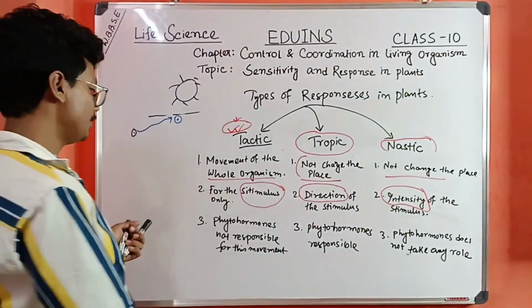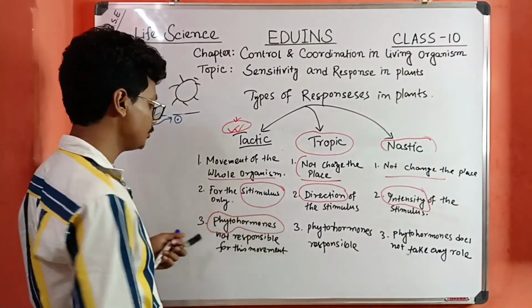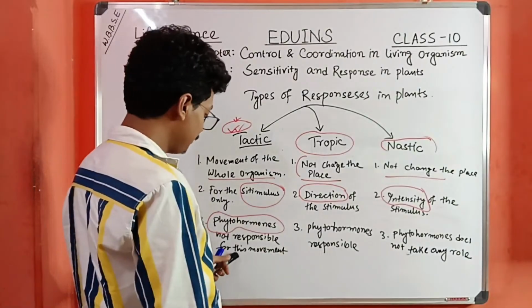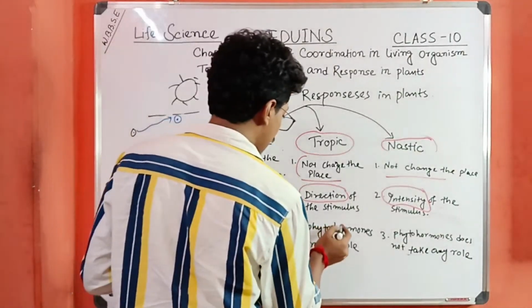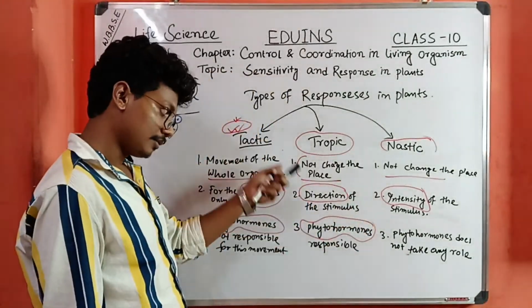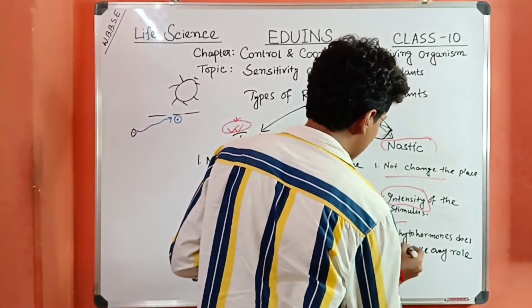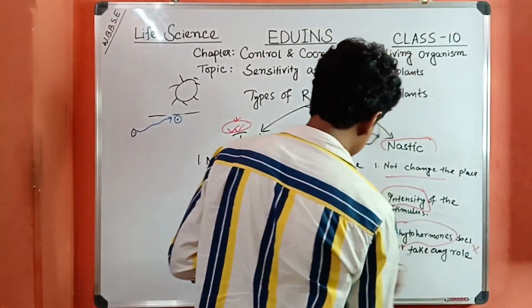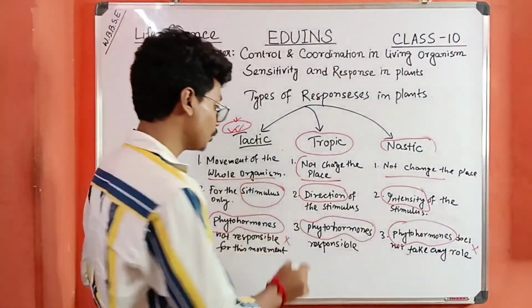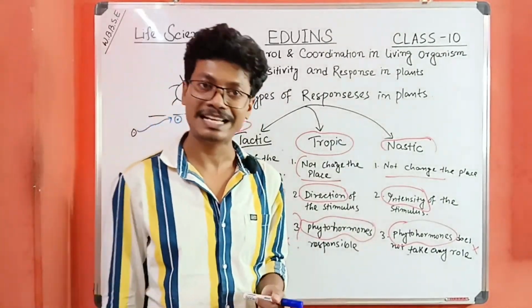Number three, hormones or plant hormones are known as phytohormones. Phytohormones do not take any responsibility for this movement, but in tropic movement phytohormone is responsible for this tropic movement, and in nastic movement phytohormones do not take any role. So what is the role of phytohormones? This will be discussed in our next class.